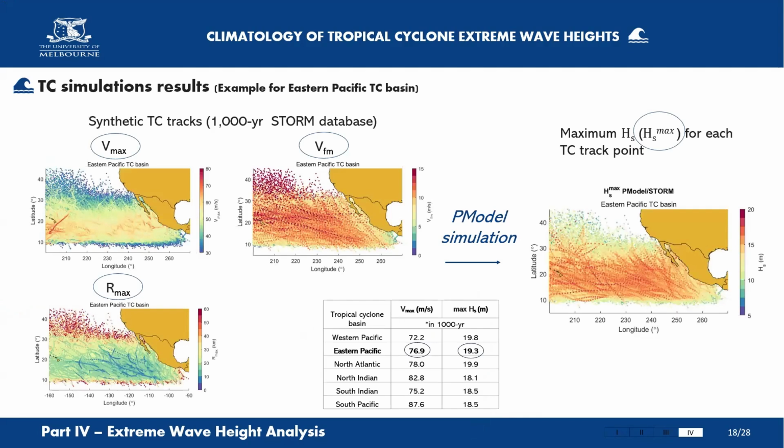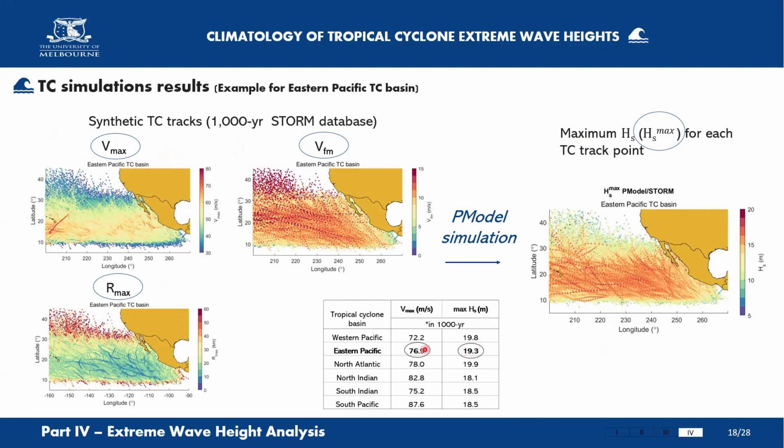Here an example of the simulation results for the Eastern Pacific Basin. We have the synthetic tropical cyclone tracks from the STORM database. We have here for each track point the Vmax, velocity of movement, and Rmax. On the right, we have the maximum HGS calculated by the parametric model for each of these track points for this Eastern Pacific basin.